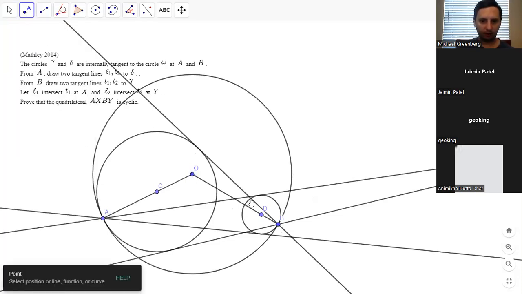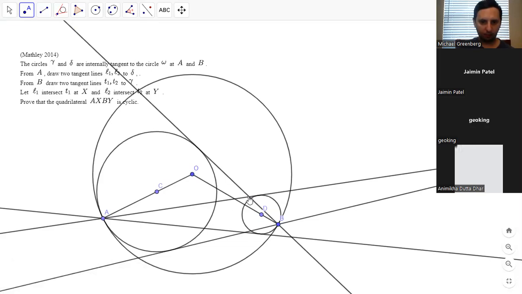So it's kind of like we have this point. L1 intersects T1 at X.